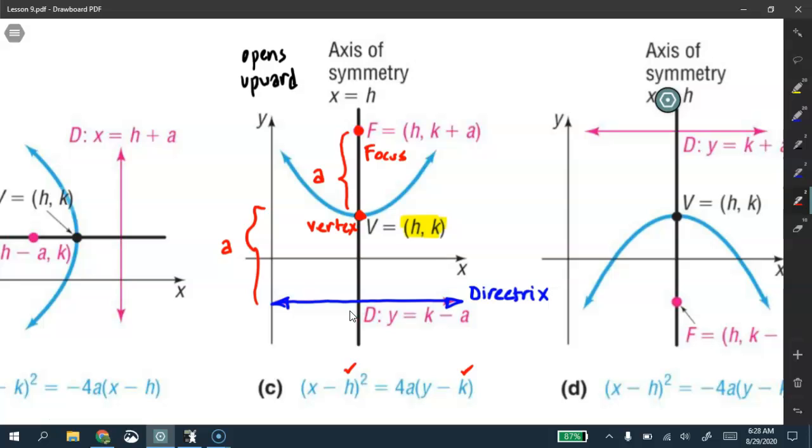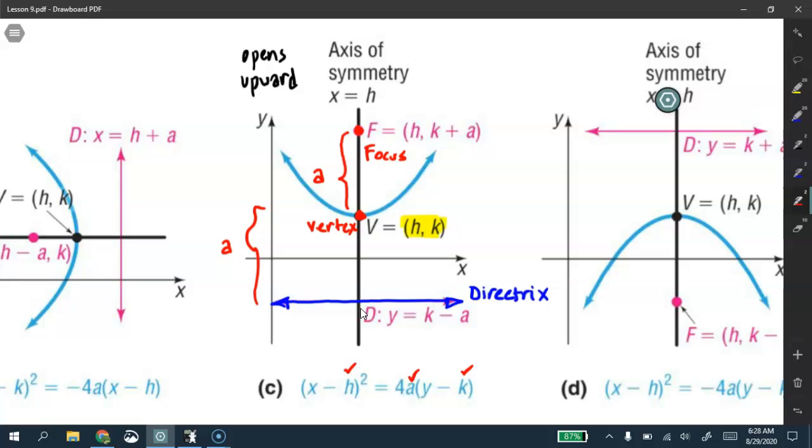Sometimes in the questions they give you the distance between the vertex and the directrix, and sometimes the distance from the vertex to the focus. Other times they'll give you the distance from the directrix to the focus, and you'll be like, well, that's basically twice A, so I'm going to divide it by 2. All right? So altogether, that is how we figure out what A is.